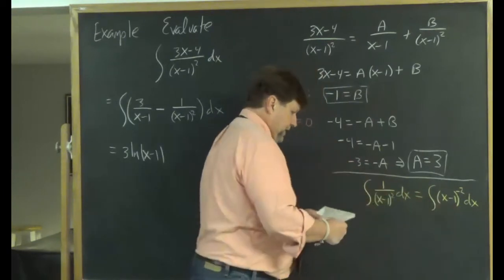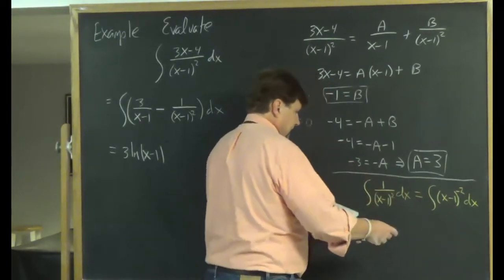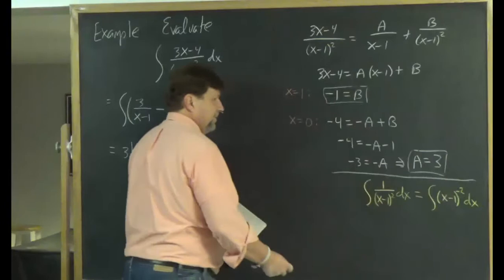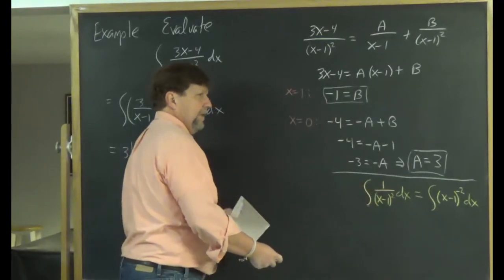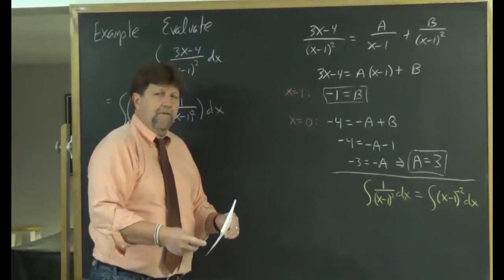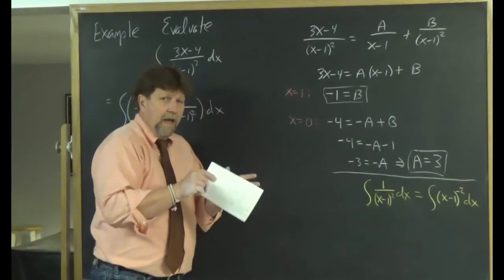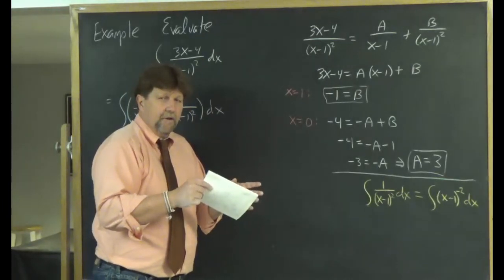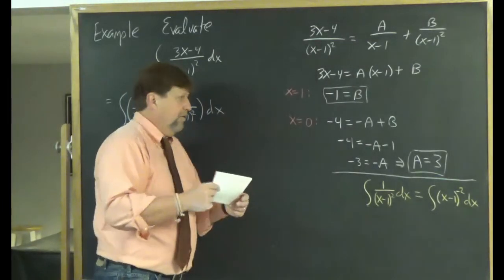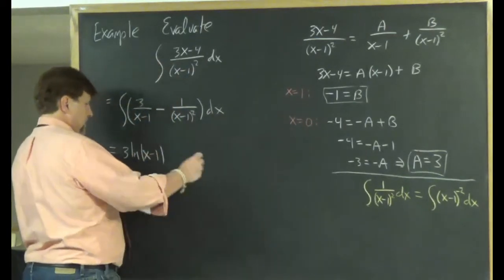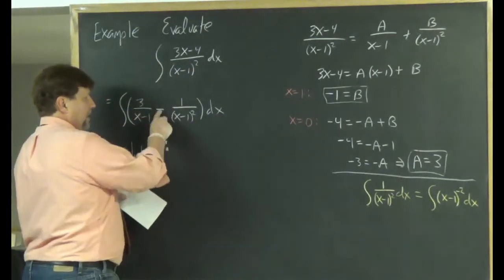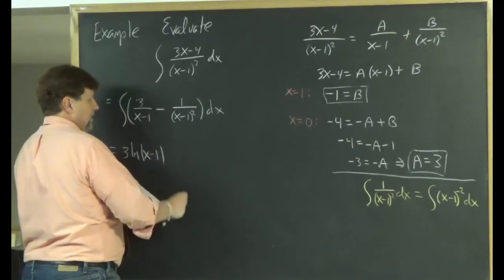Well, negative u to the negative first, that's not too bad. That's negative x minus 1 to the negative first, or negative 1 over x minus 1. So minus 1 over x minus 1.